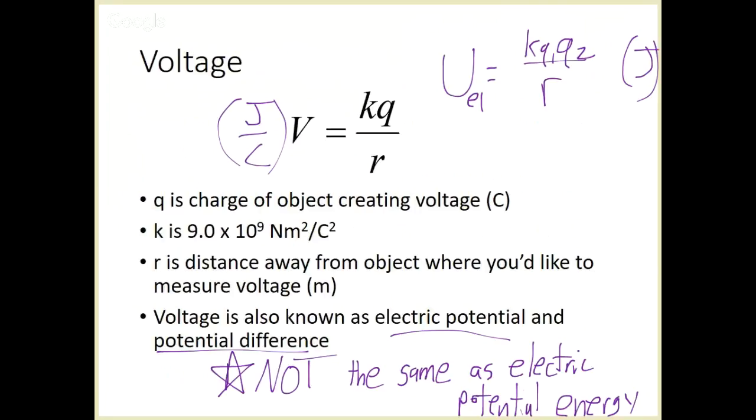Voltage and energy are very closely related. In fact, if I know the potential energy between two objects, I can find the voltage there by dividing out one of those charges. It's also a scalar. Unless you see the word energy physically there, I'm not asking about the energy. I'm asking about the voltage.